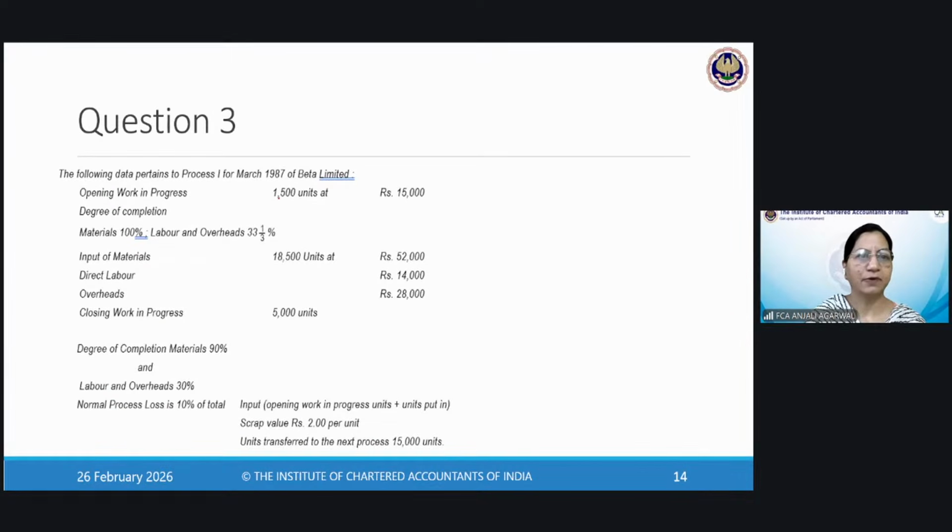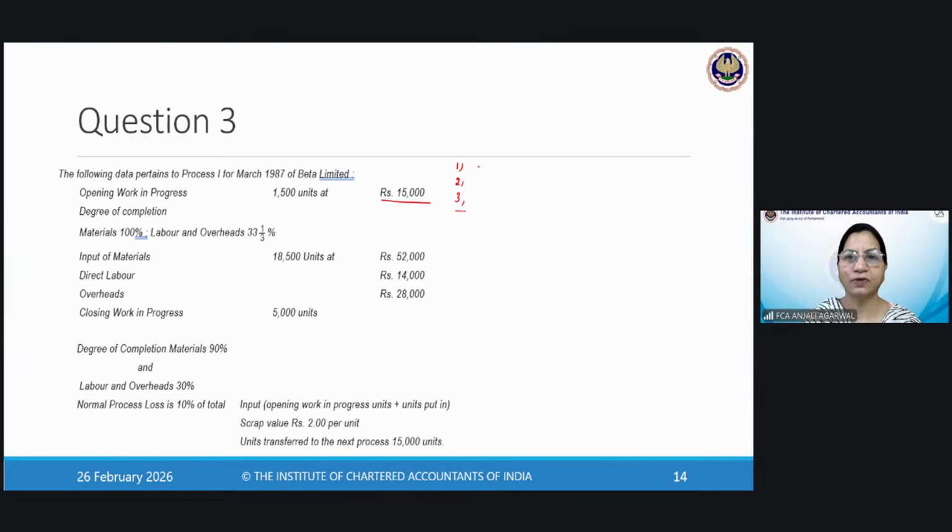So this data is pertaining to process one. You have 1500 units, which is costing us 15,000. So the first important information is that this question cannot be done using weighted average method as given. This can be done only using FIFO. Why we can't do it using weighted average method is because we know that 1500 units are costing us exactly rupees 15,000.